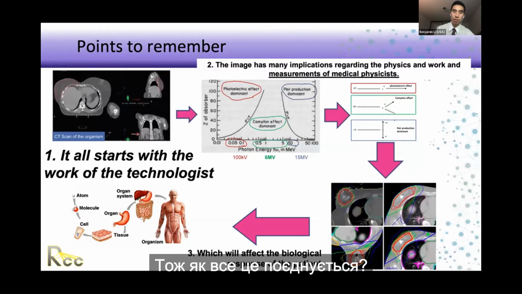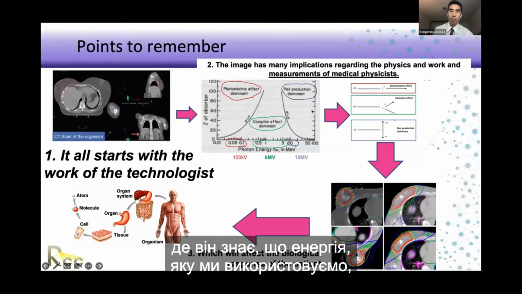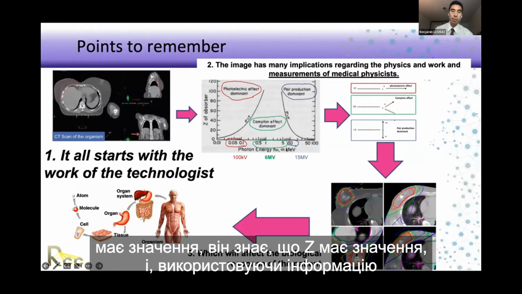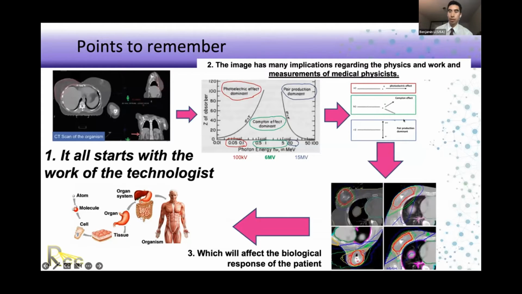So how does all of this go together? Well, we got a scan. Our physicist is doing calculations, or the computer has already incorporated this into its system, where it knows that the energy that we're using matters, it knows that the Z matters, and using the information from the scan is going to be able to predict what effects are happening.